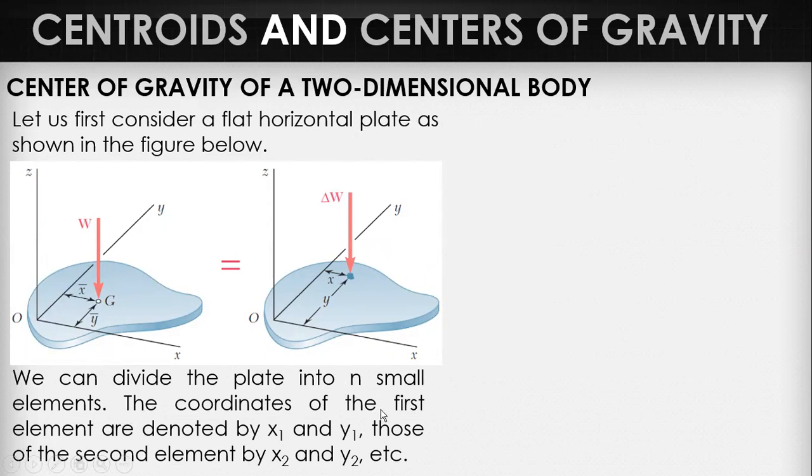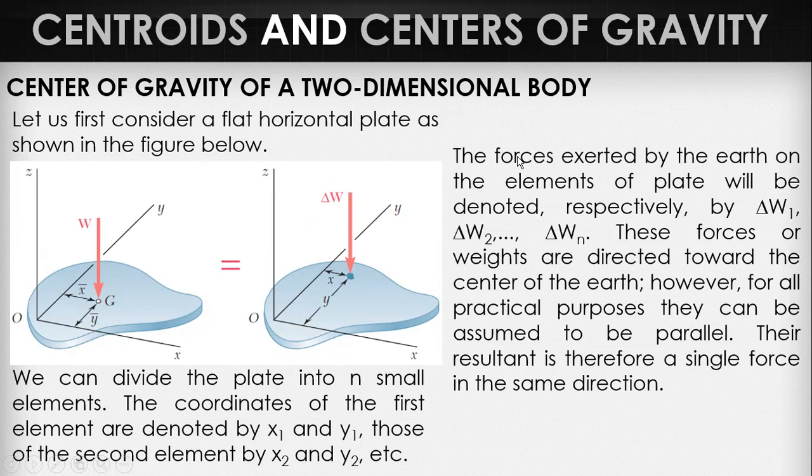And the coordinates of the first element are denoted by x1. Like for example, if this is the first element, its distances are denoted x1 and y1. And then for the second element, another differential element, delta W, the distances are denoted as x2 and y2, etc.